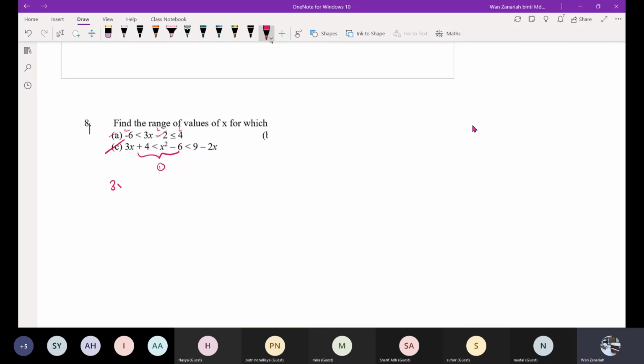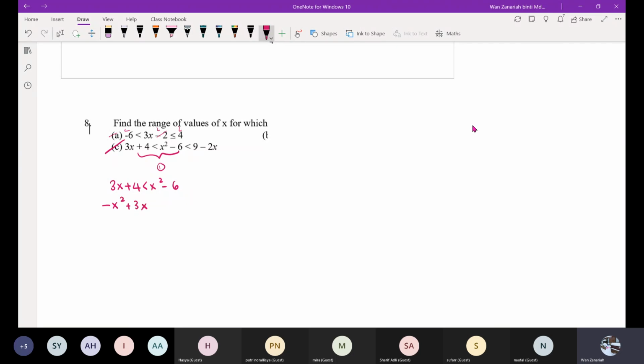Okay, so 3x plus 4 less than x square minus 6. What if we bring this over to this side, negative x square plus 3x.